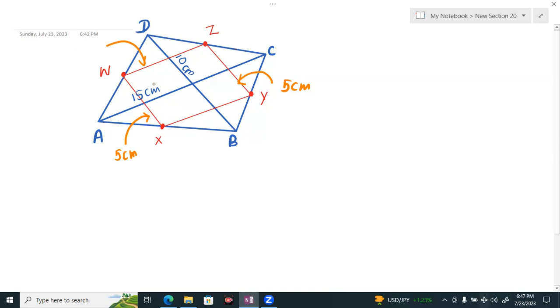Therefore, it is half of 15, then it is 7.5 centimeters. And XY is also a straight line segment which joins the midpoints of triangle ABC. So it is also half of AC, that means half of 15, 7.5 centimeters.